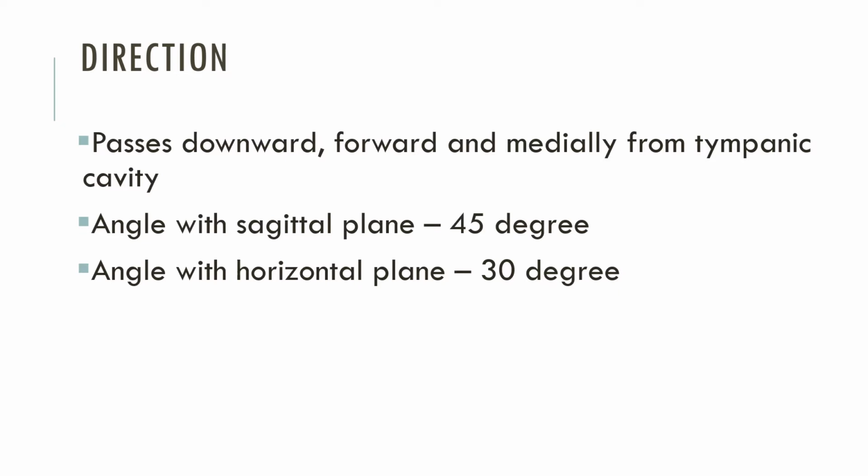The direction of the auditory tube is downwards, forwards and medially from the ear, that is tympanic cavity, and it comes forwards towards the nasopharynx. It makes two angles. So while it is traversing, it makes 45-degree angle with the sagittal plane and 30-degree angle with the horizontal plane.